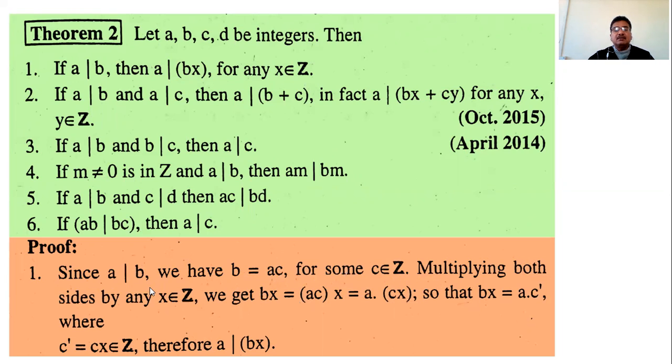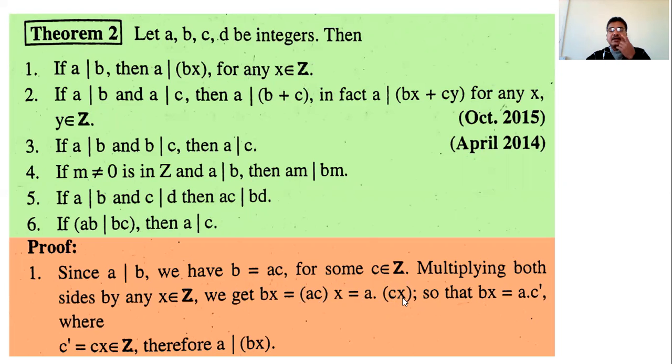Then we have to show A divides Bx. A divides Bx if Bx is expressed in the form A times some integer. Here B is AC, so multiply both sides by x. So what do we have? Bx is equal to ACx, which we write as A times (Cx).